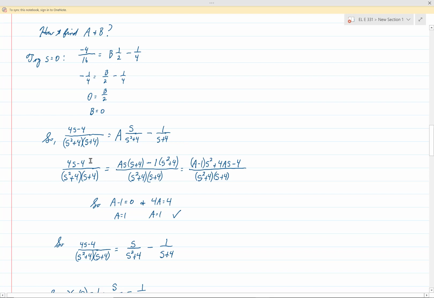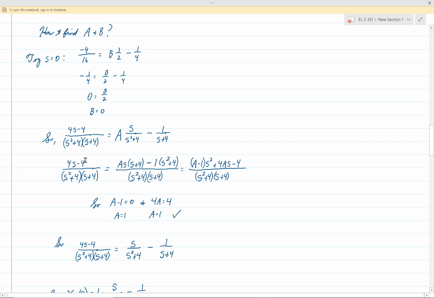In fact, now that I look at it, that would be a lot faster than what I did, because if I had tried setting s equal to 1 on both sides, notice that value would have made the left-hand side go to 0, and so then I would have had a over 5 minus 1 over 5 is equal to 0, which would have told you immediately a is equal to 1. That would have been a lot faster than what I did here.